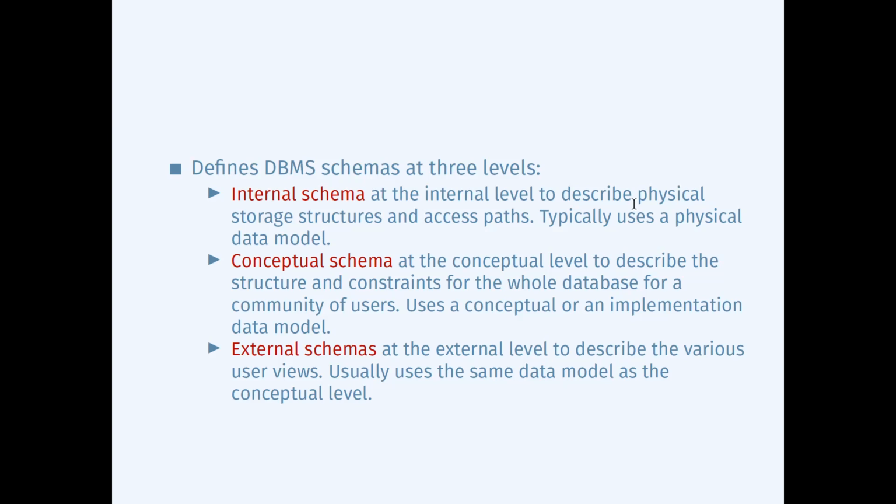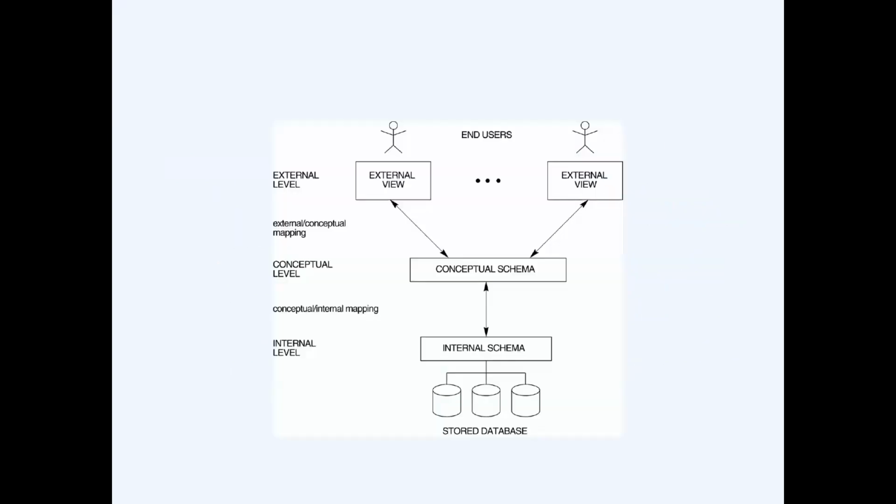Right. Now let's look at a diagram which describes this. So this is what we actually discussed. We can look at different levels. So we will have external views, where we have end users, the same data set, and different users can use different views.